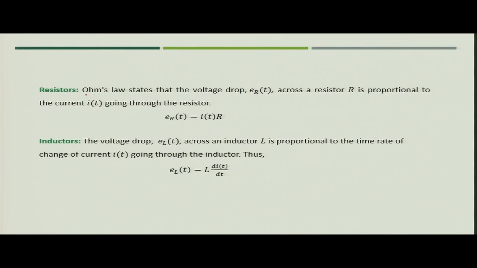For resistors, Ohm's law defines the voltage drop across the resistor, and it says that the voltage drop, that is ER, across a resistor is proportional to the current I flowing through the resistor, and as we just discussed, the drop across the resistance is given by current I into resistance value R. In case of inductors, the voltage drop EL across the inductor L is proportional to the time rate of change of current flowing through the inductor.